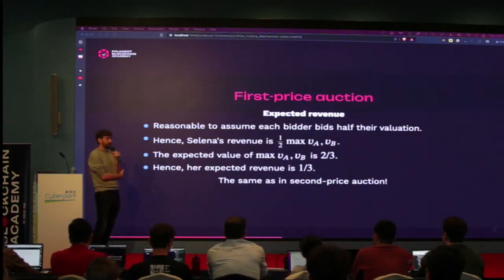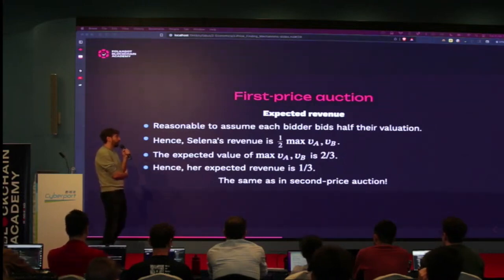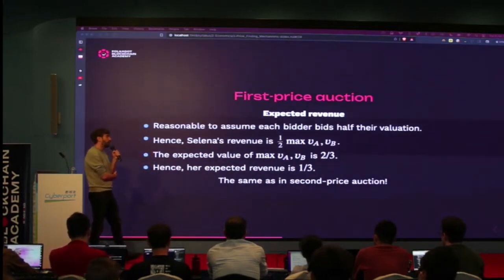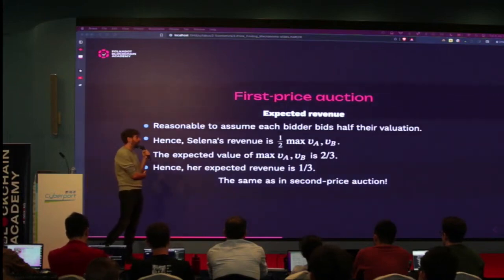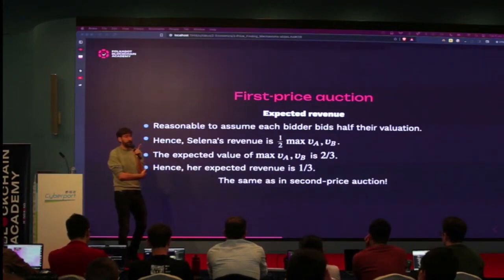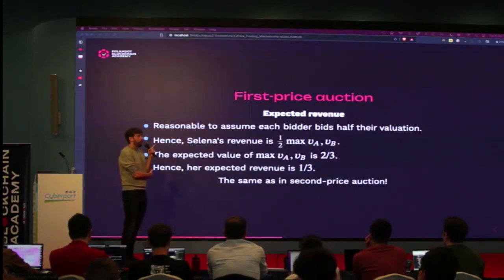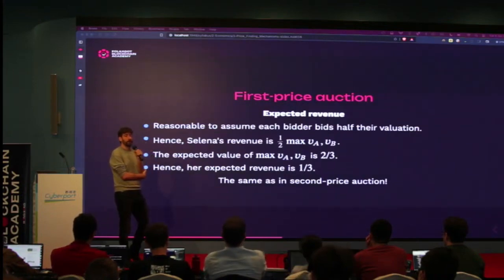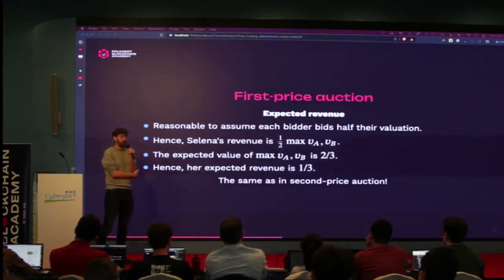So we can look at Selena's expected revenue again, and it's basically 1/2 of the maximum of both of these valuations, right? Because the half comes from the fact that Alice and Bob will only bid half of their valuation, and then of course the maximum of the two valuations will win. Because that's the rule of the game. It's a first price auction.